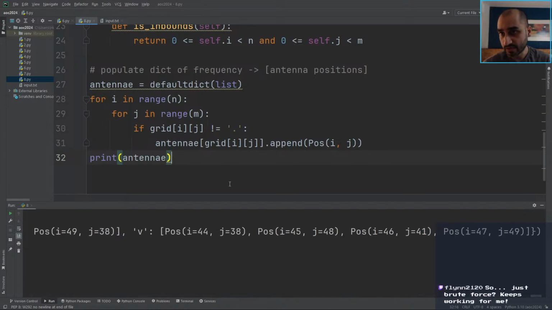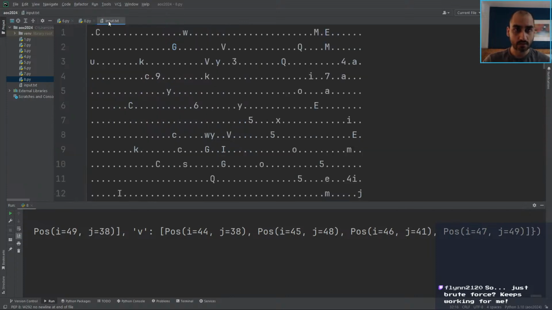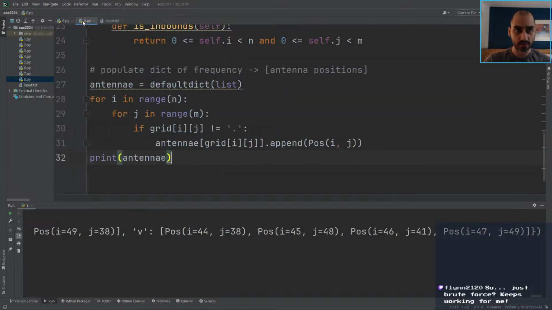So just brute force keeps working for me. I wouldn't say it's true brute force, like we're going to have some restrictions, like restricting to within frequency groups. That's at least one optimization which would have a significant effect.